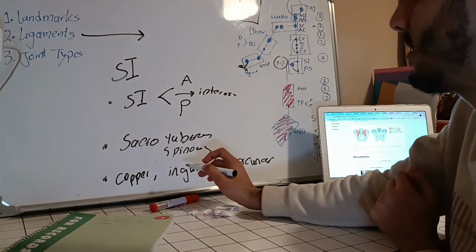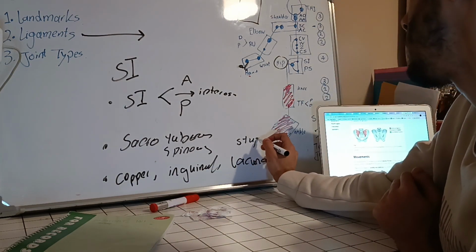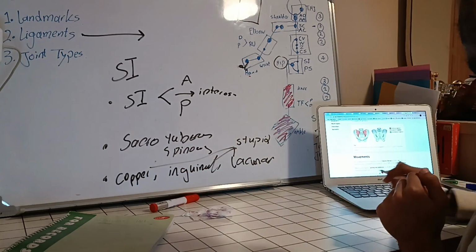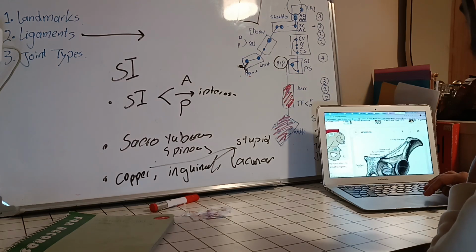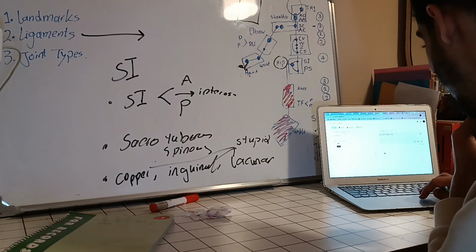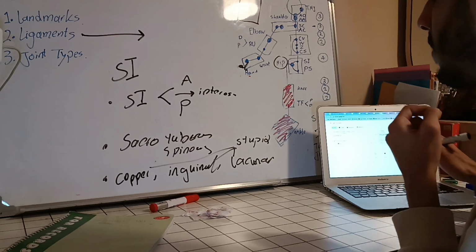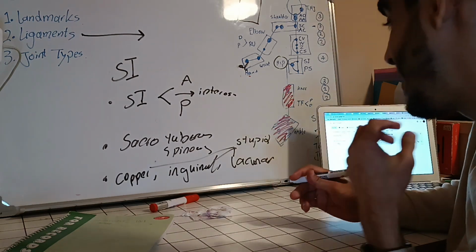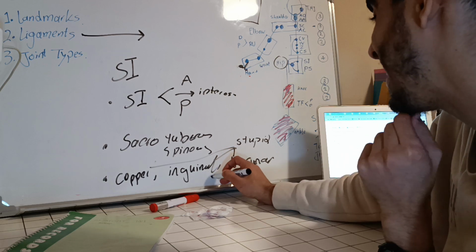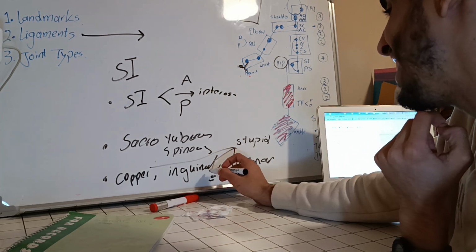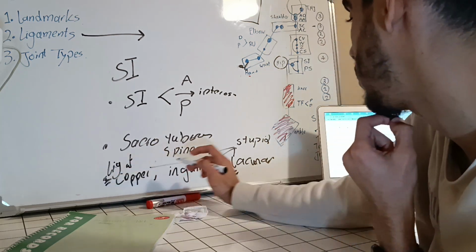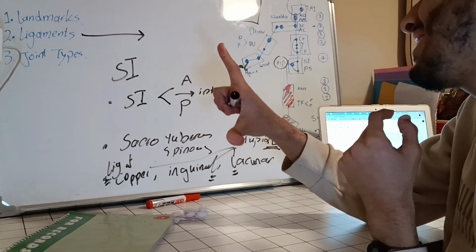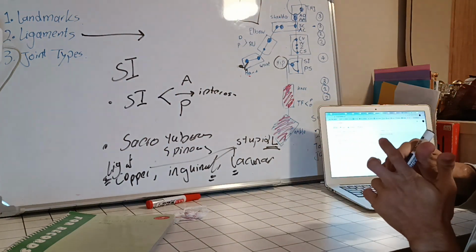Here are the three stupid ones. They are the stupid L's. The stupid L's contain the ligament of Cooper, the inguinal ligament, and the lacunar ligament.